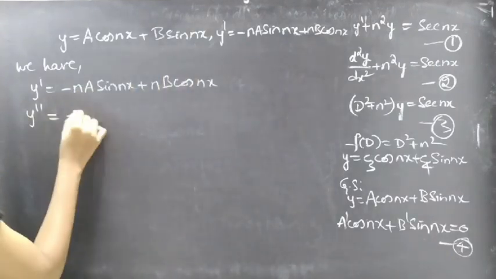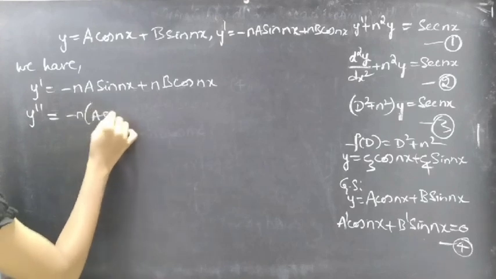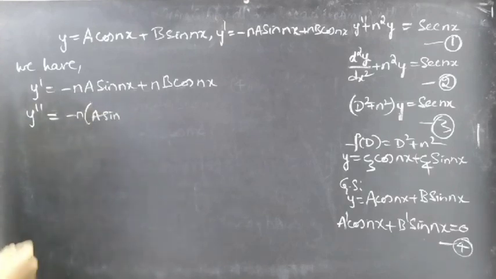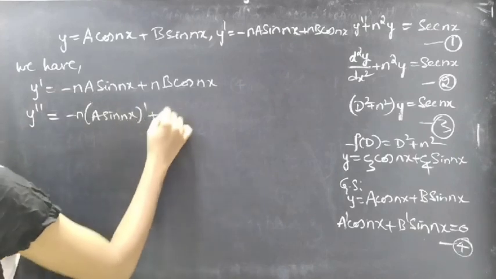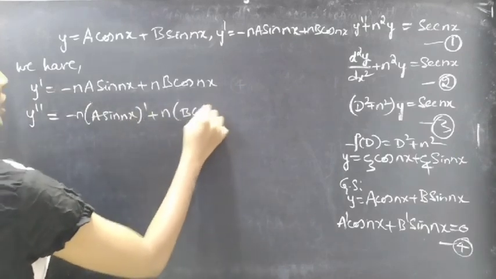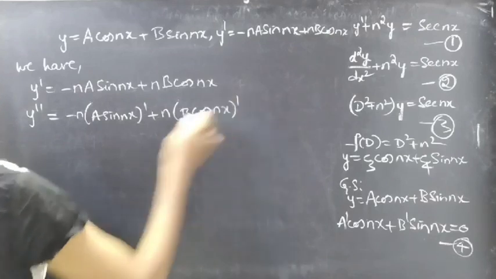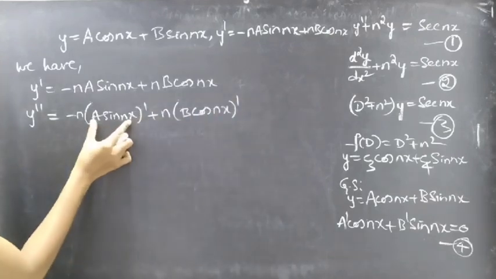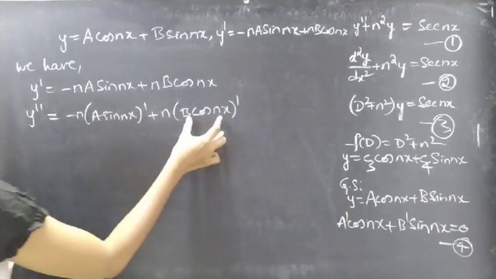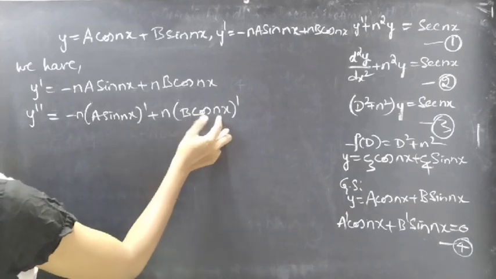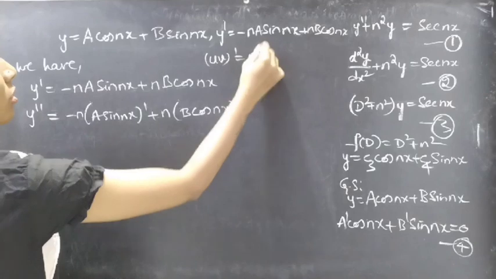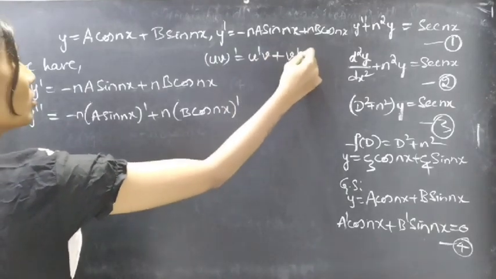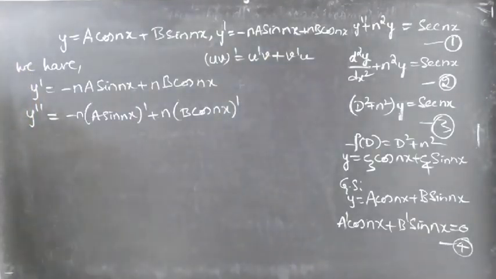Y double dash equals to minus n of a sin nx dash plus n times b cos nx dash. Here also we need to find the derivative of a product of two functions, so we are going to apply the uv whole dash formula here, which is u dash v plus v dash u.